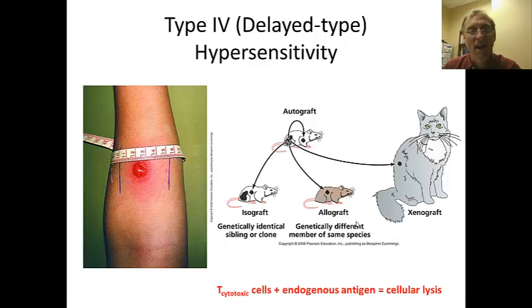And so the TB test here, this type 4 delayed type hypersensitivity, is actually used as a diagnostic to identify whether or not a patient has come into contact with the antigen and presumably the bacterium before in their immune history. Once a patient becomes positive with this, they can be further tested to see if they are in fact ill with tuberculosis. If they are, that can of course be treated with antibiotics, but they will never become unsensitized to this antigen.